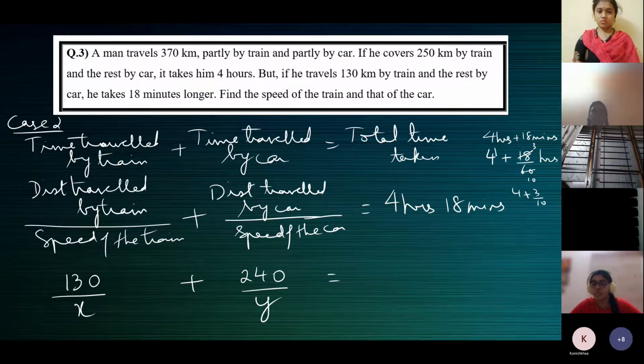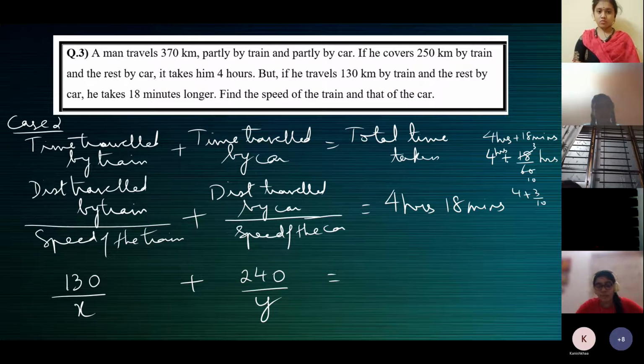Please understand, you cannot add hours and minutes, but you can add minutes and minutes, hours and hours. 4 hours and 18 minutes is not 22 minutes or 22 hours. You cannot add numbers with different units.